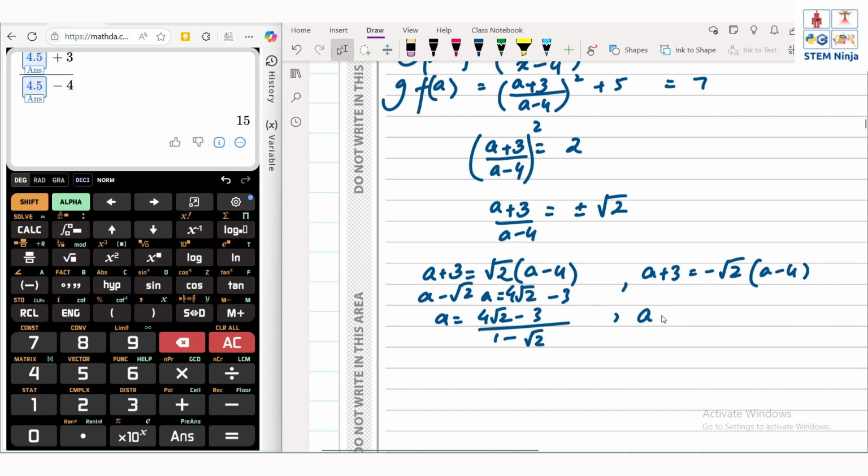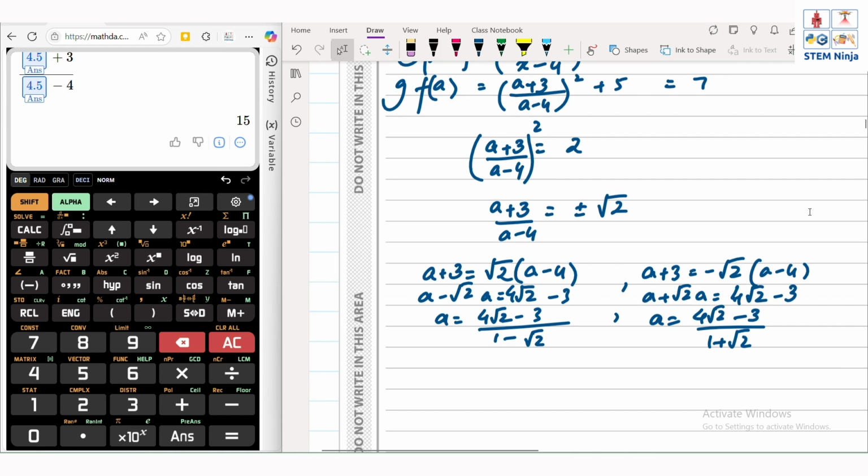And on this side, a plus root 2 a, and then 4 root 2 minus 3, and a is (4 root 2 minus 3) divided by (1 plus root 2).